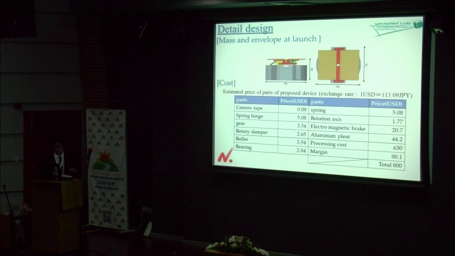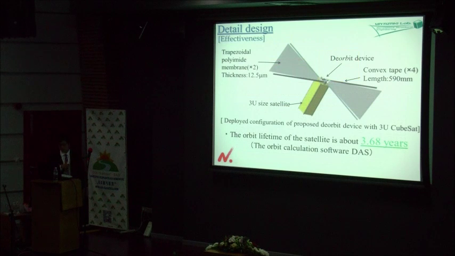So it's 0.6, or do you have 4? 0.3 square meter for one membrane. And 2 will give you 0.6. So the 3.68 years orbit lifetime, is that for the 2 membranes? 0.6 square meters.